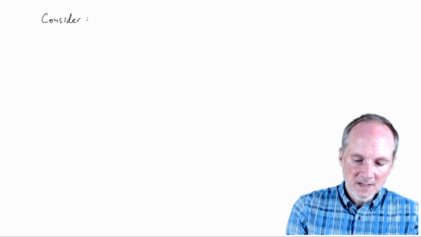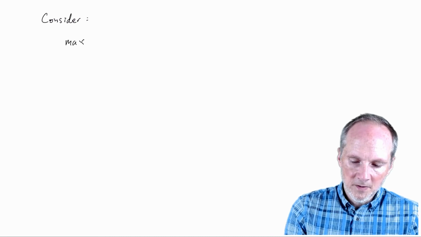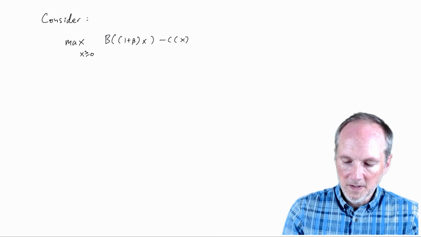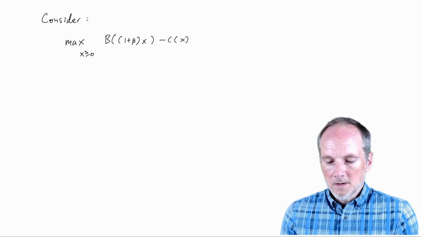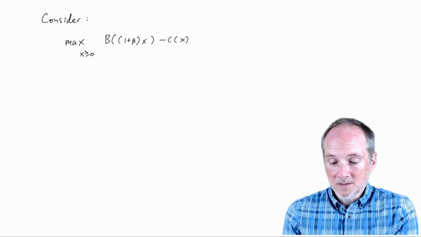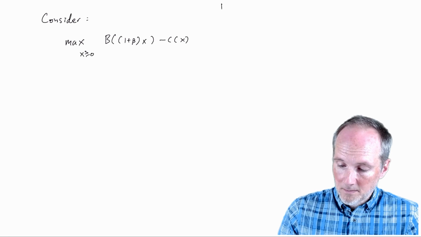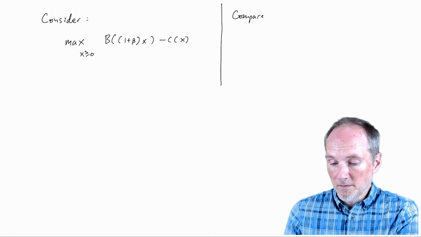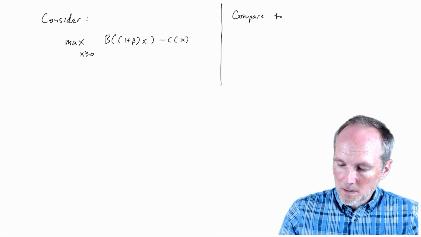a similar maximization problem where I'm going to choose x to maximize the benefit of 1 plus beta times x minus the cost of x. Okay. We've seen other maximization problems, and this looks kind of like the one that the decision maker was solving in equilibrium, but it's different, right?